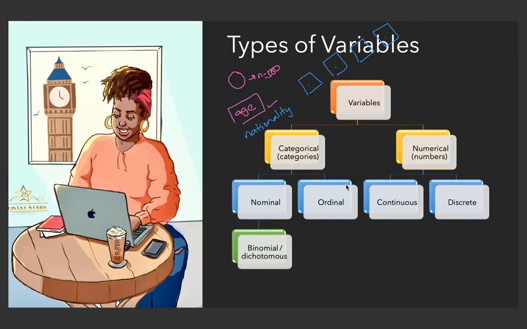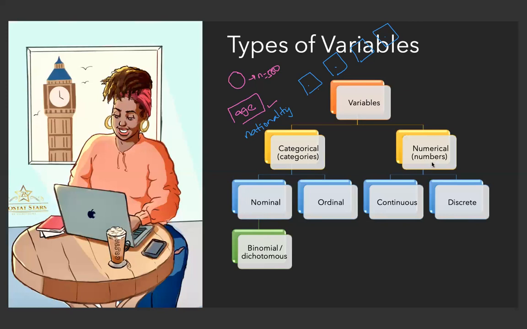On the next slide, I'm going to tell you, with examples, what these mean. Nominal and ordinal are types of categorical variable. And under nominal categorical variable, we also have a specialized example, which is the binomial. Just hold on for a second, and I'm going to give you an example.